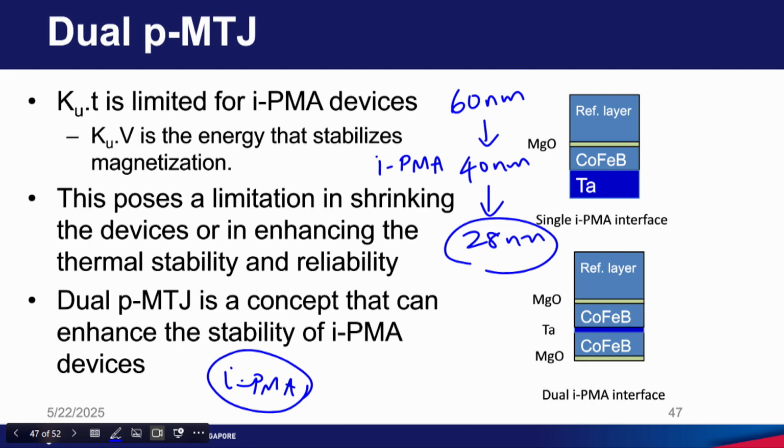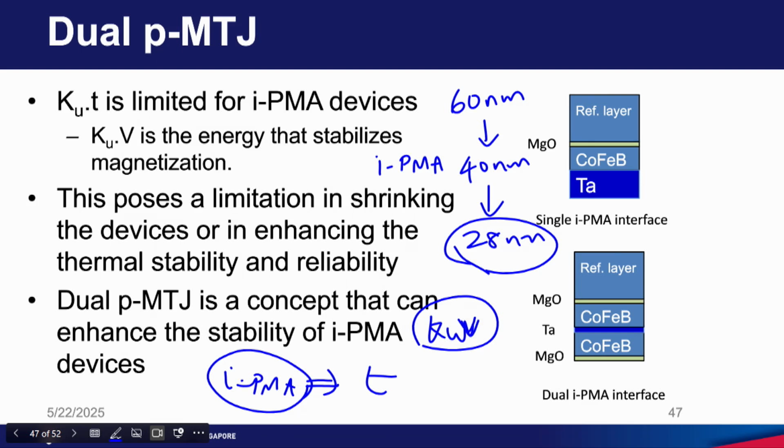So for this particular concept, we cannot increase the thickness. So in the interface PMA, you cannot increase the thickness. So we know that KUV is the anisotropy constant, right? So if you increase the thickness, you can increase volume.